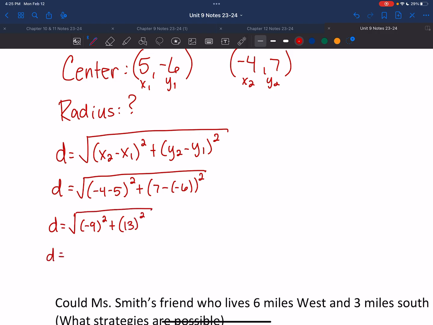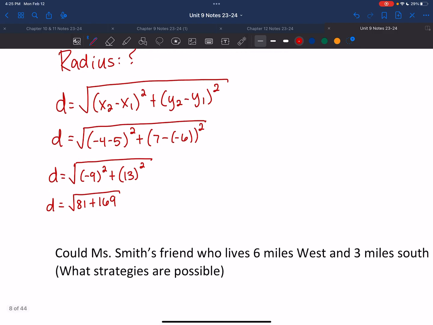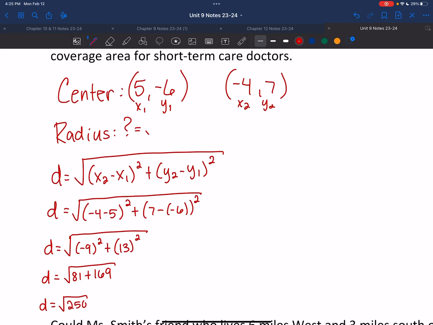Simplify further, -9 squared is 81. 13 squared is 169. Add these together, I'm going to get the square root of 250. So my radius is equal to the square root of 250.